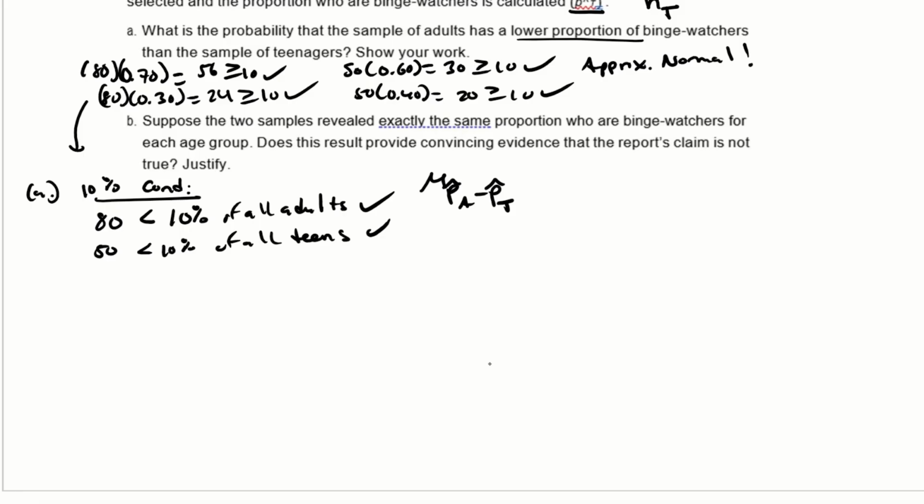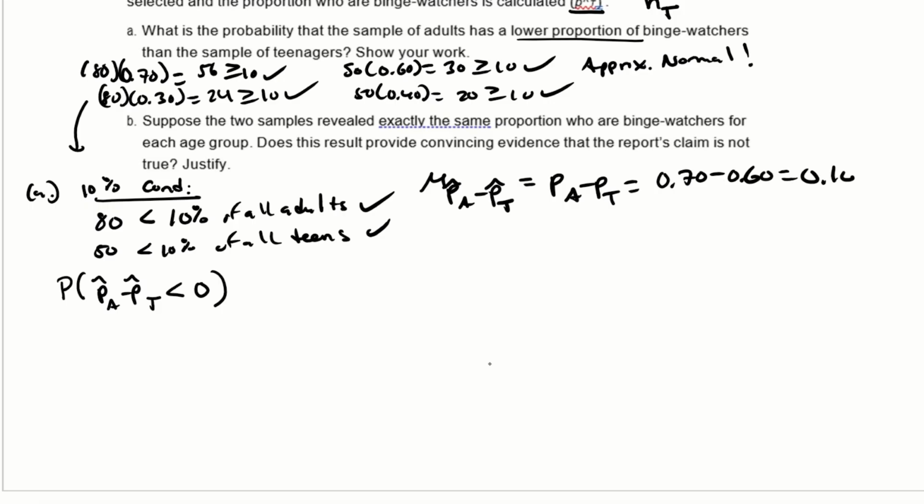They want the probability that p hat A minus p hat T is less than 0. So they want the adults to be less than the teens for the probability. Okay, so this is PA minus PT, which is 70% for adults, and it was 60% for teens, so it's 10% for the difference.